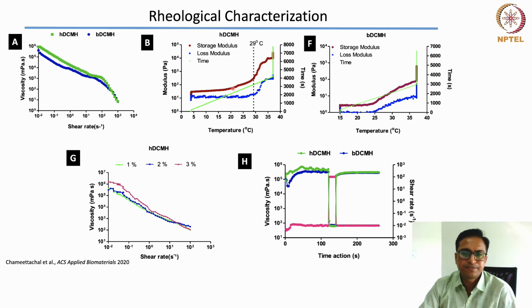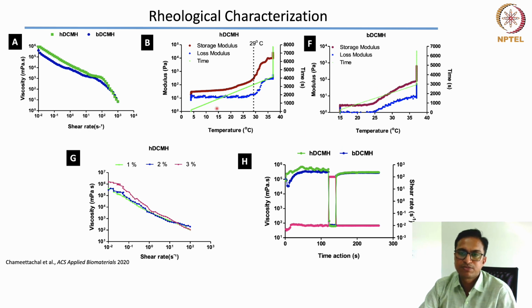The next thing is the gelation kinetics. As I mentioned, at 37 degrees centigrade it will become a gel. Up to 25 degrees nothing happens and the curve is flat, so it behaves like a liquid fluidic material, and then as the temperature increases it becomes a gel at 37 degrees centigrade.